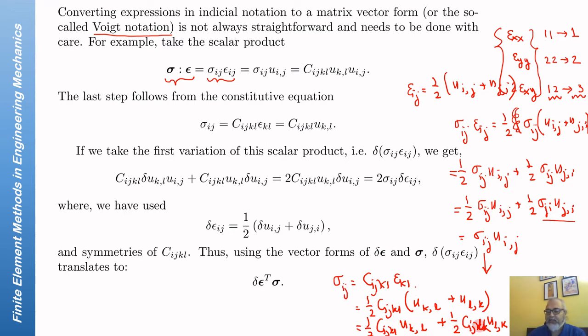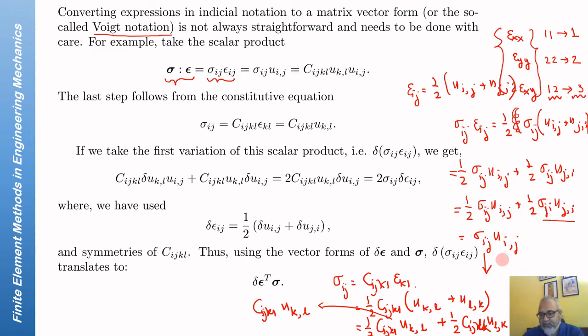These two are the same terms, just with K and L reversed, but K and L are repeated indices, so we don't care if they are reversed, and therefore this will be equal to Cijkl uk,l.